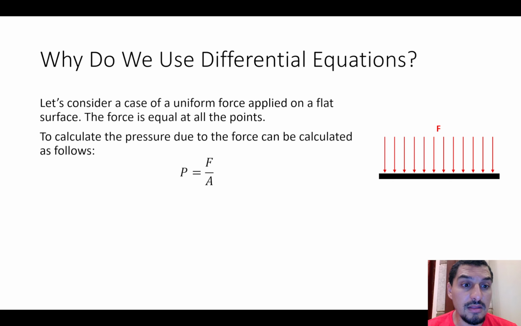We were able to describe this system using this equation because it falls under a category of systems that we call a lumped parameter system. By a lumped parameter system we mean a system in which the parameter doesn't change through the system. In this case, the force is the same through this area, so there is no change in the force from one point to another.